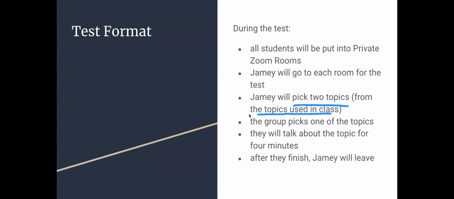These will be topics that you know. And then I will ask your group to pick one of the topics. Okay, and then you will talk about the topic for 4 minutes. And after you finish, I will leave. And that's the end of the test. It's very, very simple.